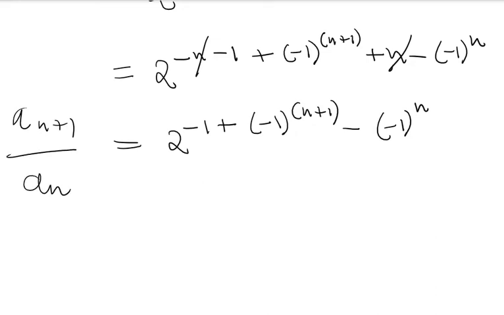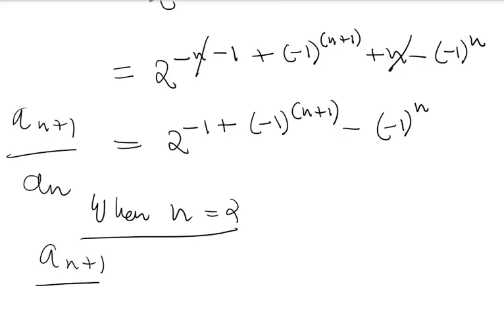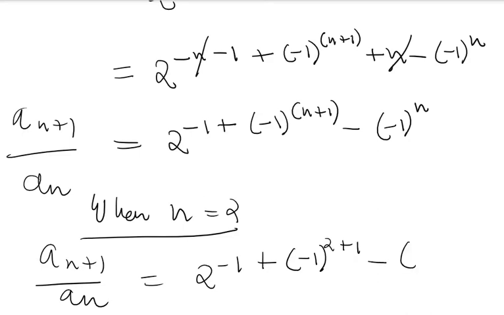Now if you notice what's happening over here, suppose I take n equal to 2, an even number, then a_(n+1) by a_n will be 2 to the power minus 1 plus minus 1 to the power 2+1 minus minus 1 to the power 2.